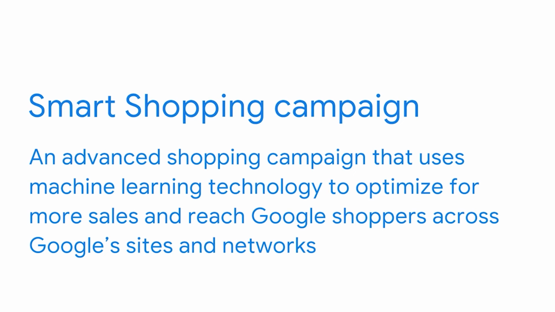Like regular Google ad campaigns, there are different types of smart campaigns. For e-commerce, smart shopping campaigns are the best smart campaign to help maximize shopping potential. A smart shopping campaign is an advanced shopping campaign that uses technology to optimize for more sales and reach Google shoppers across Google sites and networks.